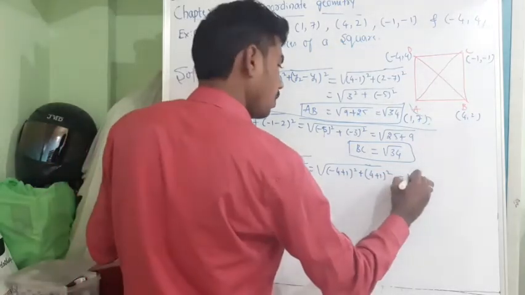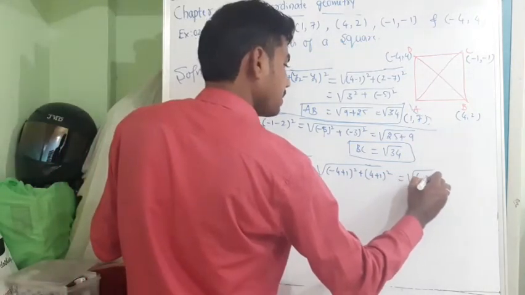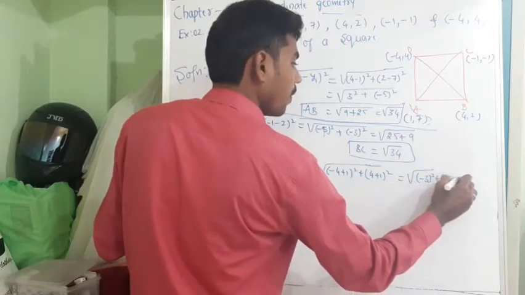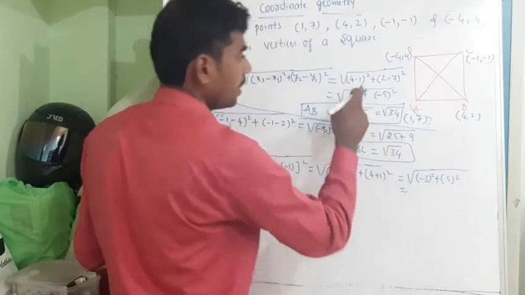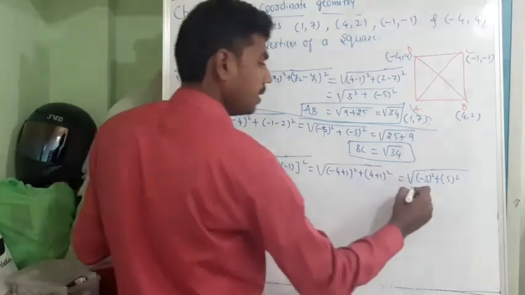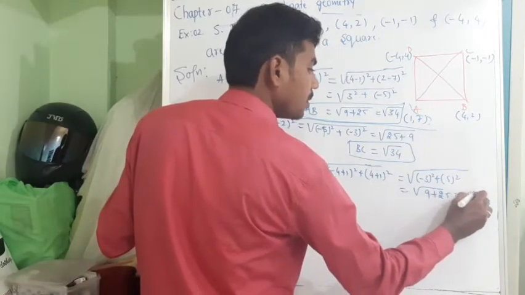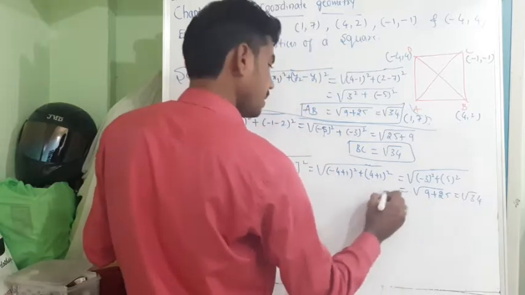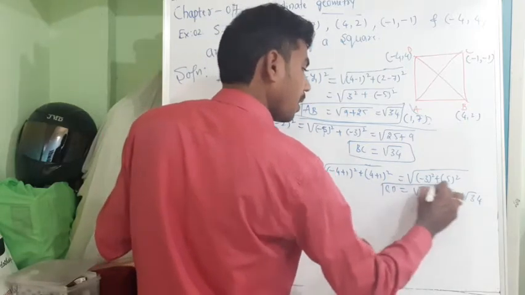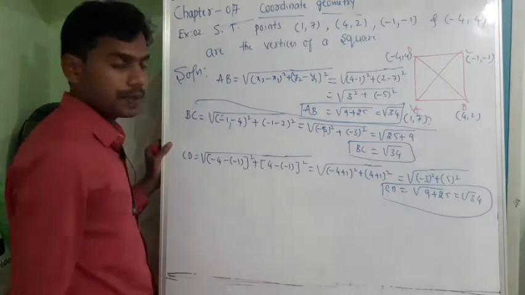So minus 3 squared plus 5 squared, which is very similar to the earlier one, 9 plus 25, equal to root 34. This is CD. So this is also on track.